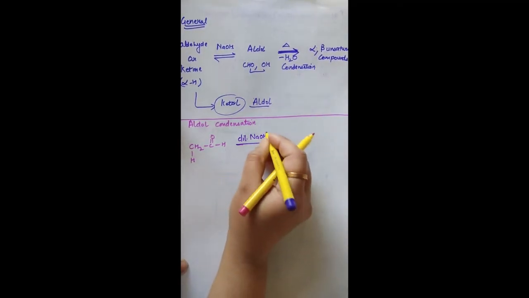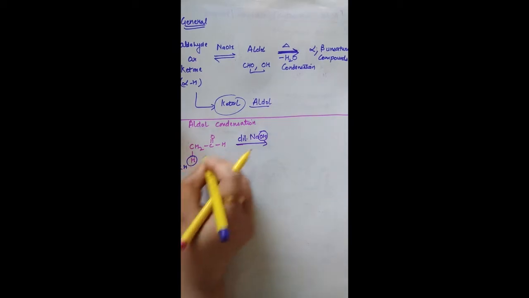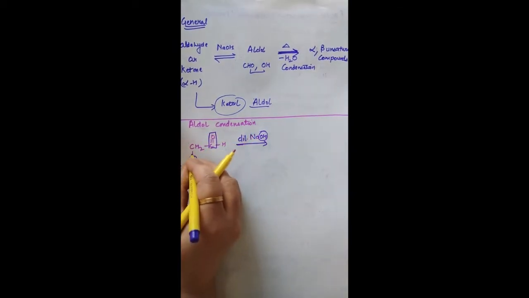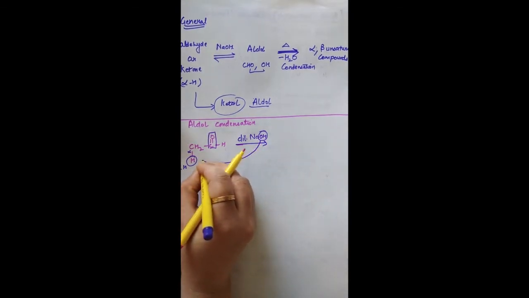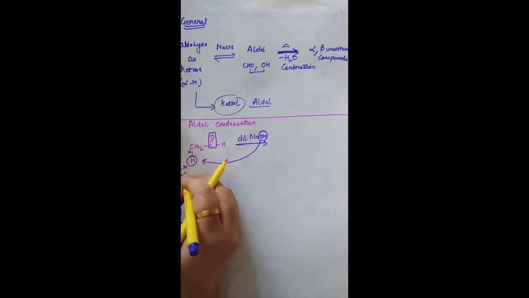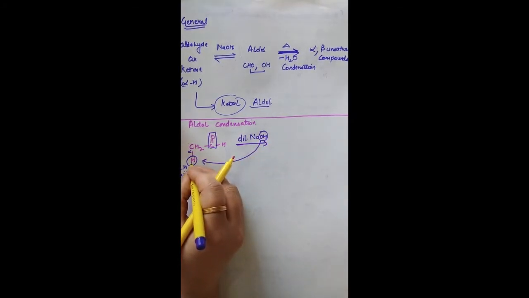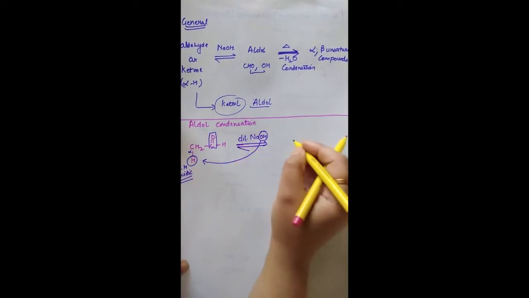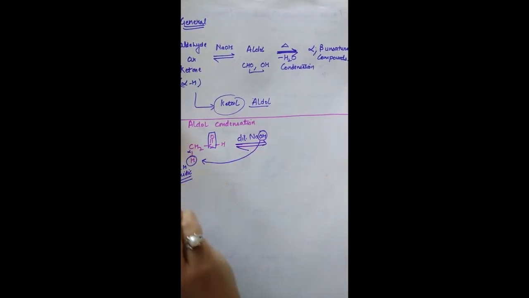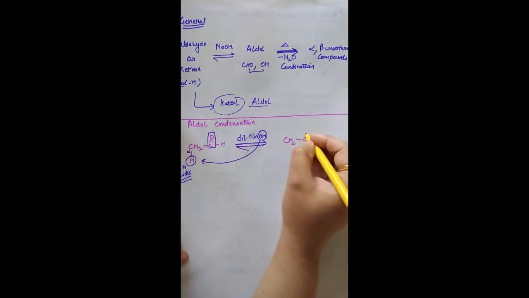We have OH here, and this hydrogen is alpha hydrogen; this is the main functional group, this is the alpha carbon, and this is the alpha hydrogen. So this OH will take away this H positive, which is very acidic in nature, and what will form here is a carbanion. So your next step will be the formation of a carbanion.